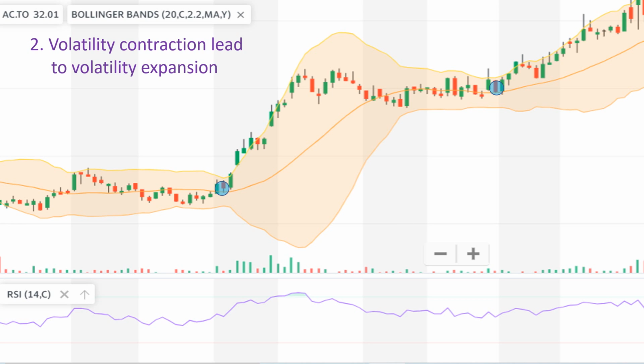Now, when the volatility expands, the two bands become wider and the trend goes up. On both sides, here you see the two bands become wider and the price is going up. And we see the same scenario in RSI.